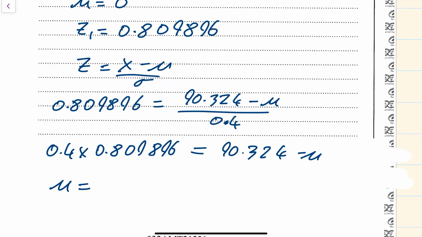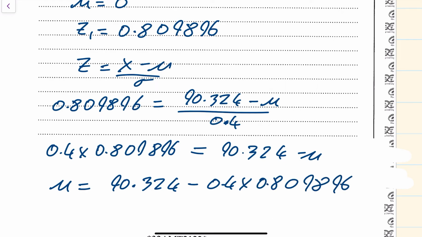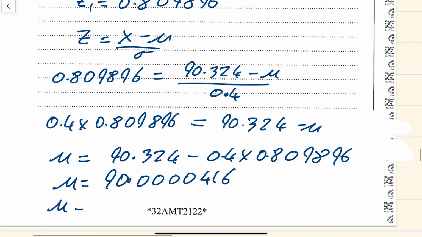Bring that mu across the other side, it becomes positive. Fire the other thing across, it becomes negative. Fire that into your calculator, and I got 90.0000416. So to 3 sig figs, 90.0. So going forward in this question, I'll be using 90 as my mu basically.